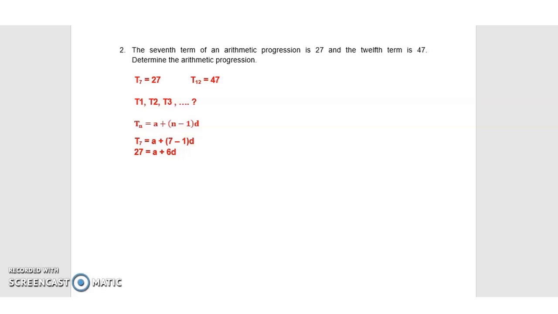Now we get one equation, which we call the first equation.